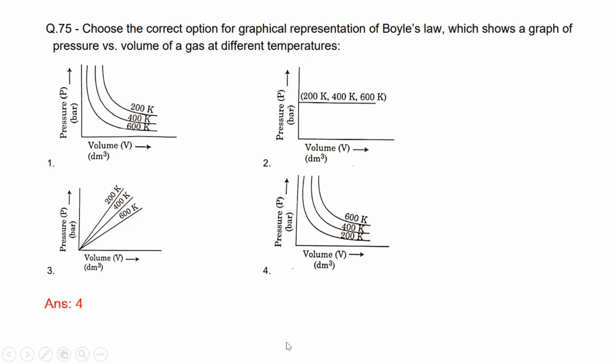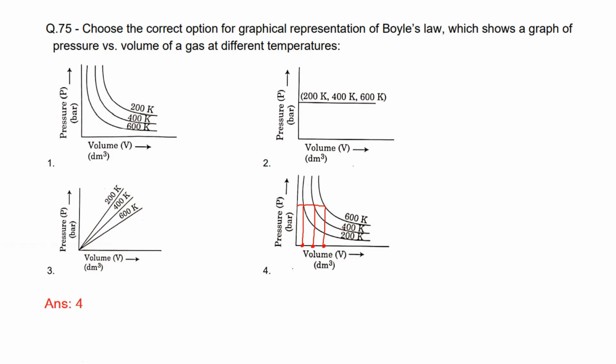Why? Because if I keep one of them constant like this, suppose I keep the pressure constant in this manner, then this is V1, this is V2, this is V3. So V1 less than V2 less than V3. Based on that, you can say T1 less than T2 less than T3. So that should be the correct answer.